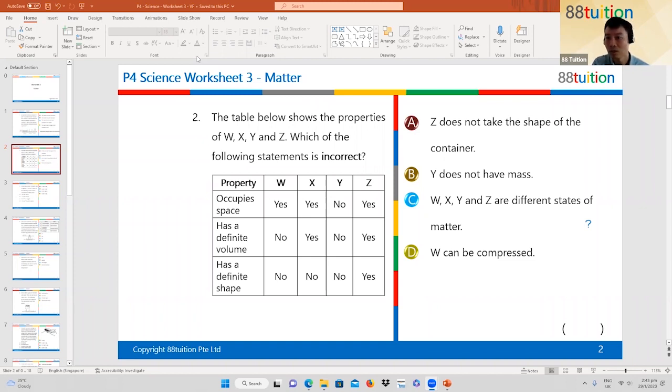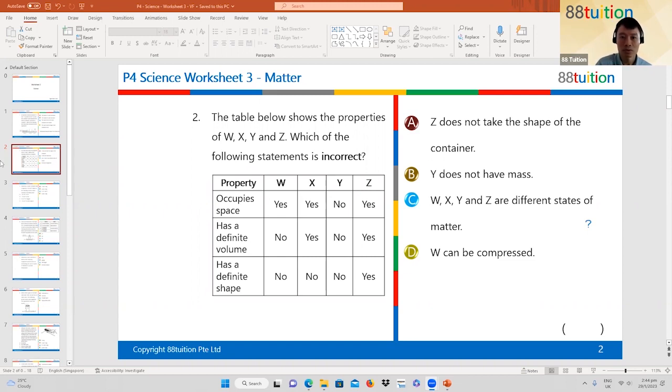Valerie put C. How about Mani and Ariano, your answer? Ariano put C. Okay, all put C. So which statement is incorrect?